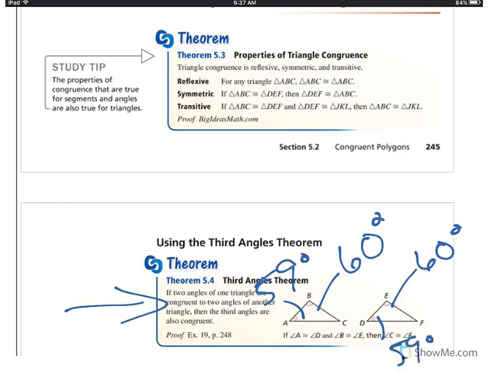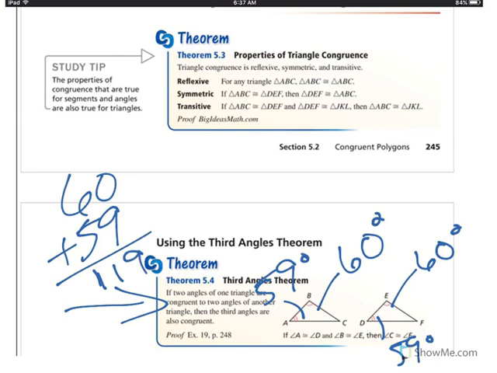If you add those two together, you get 60 plus 59, which is 119, and then if you took 180 minus 119, you would get 61.